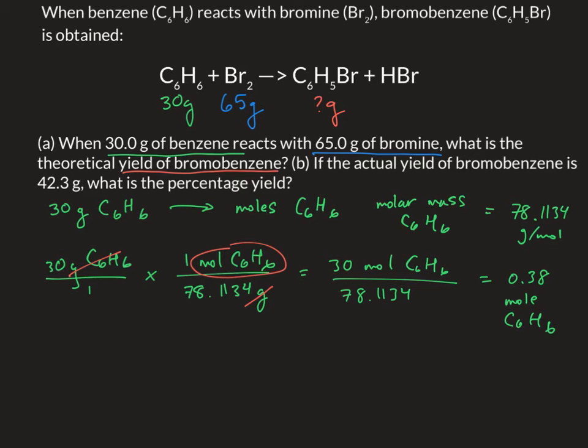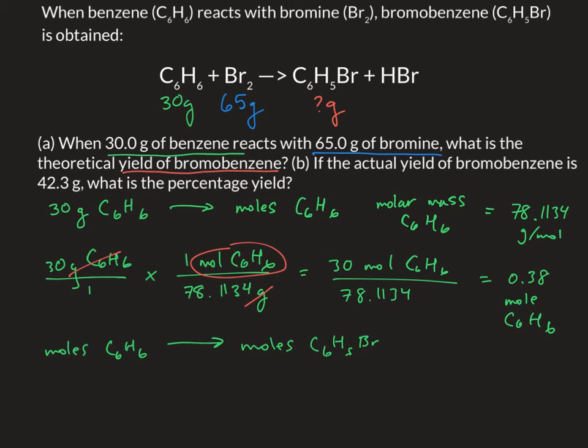Now what we want to do is figure out how many moles of bromobenzene we can form. To do that, we need to use the coefficients in our chemical equation.